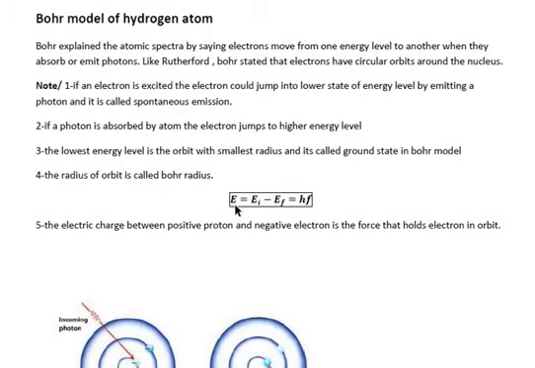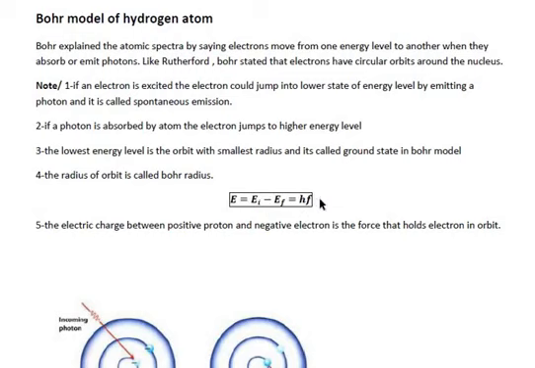We can use this rule to determine the energy for an electron to jump from one state to another. We have energy in total is equal to initial energy minus final energy, and that energy as a whole is equal to hf.